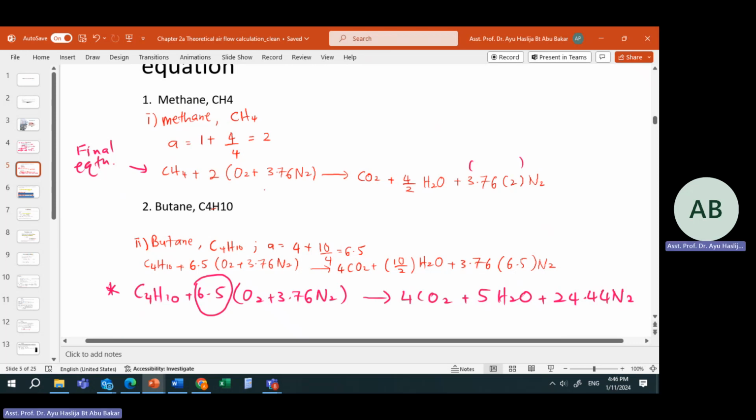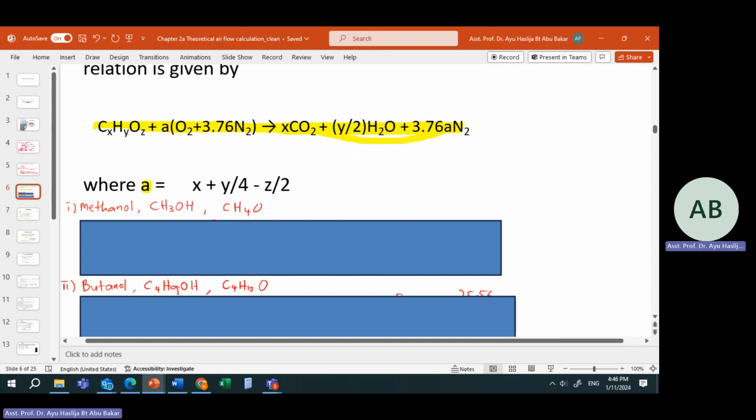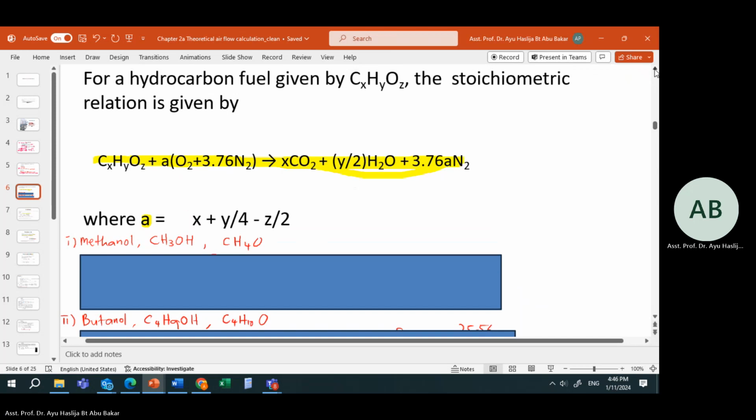Okay, boleh faham konsep? Okay, ni kalau ada O. Bila O, we represent O as Z. So, stoic equation CxHyOz. A sekarang dia involve the Z. Same thing lah.